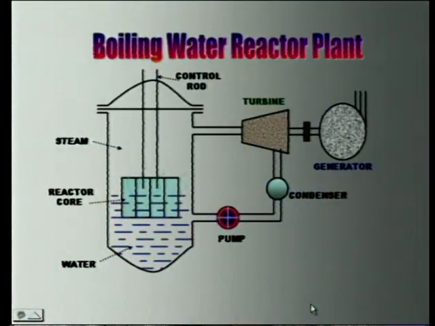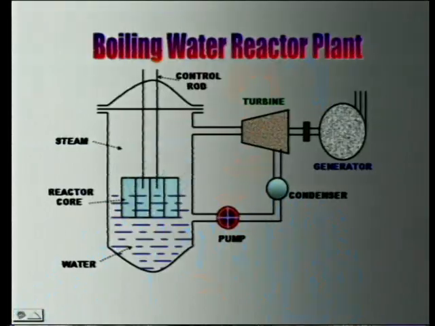So, these are the main components that we have in a nuclear power plant. Now, let us talk about the various types of reactors that are there in a nuclear power plant, the various types of reactors that can be used for generation of steam.